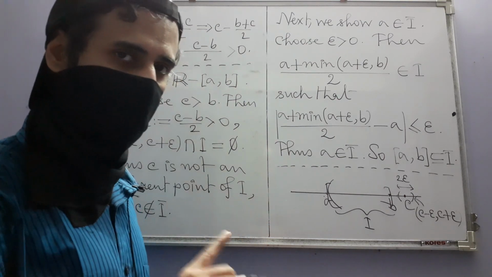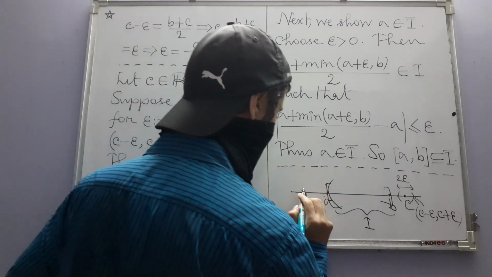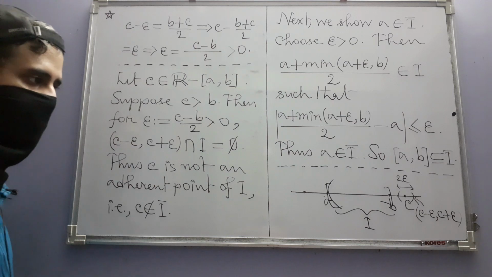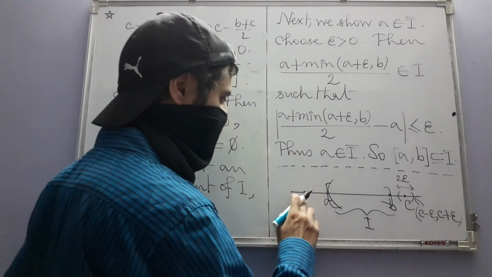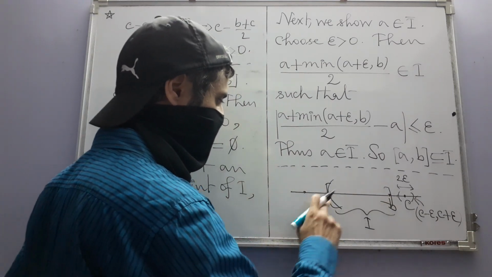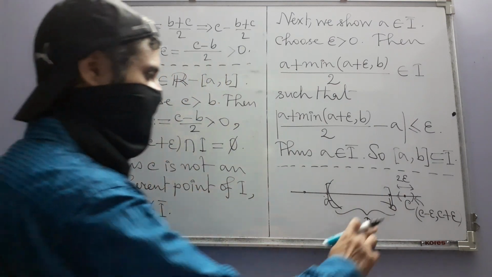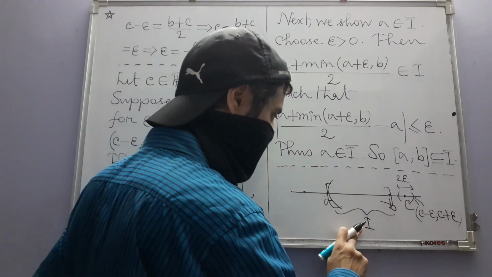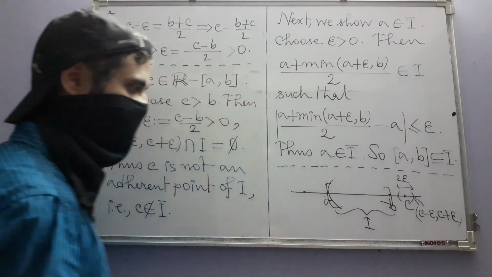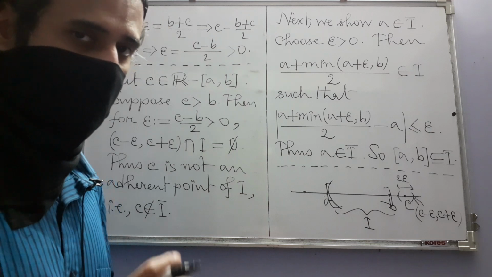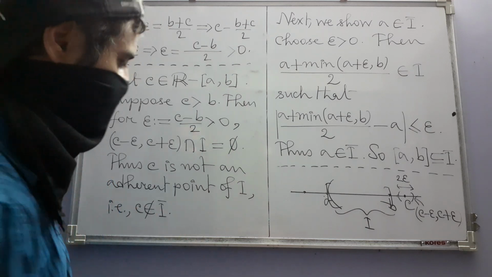And there is another half. If your C lies here, then also you have to do something similar. Here the role of B will be played by A, but be careful. B belongs to your original I, but A does not belong to your original I. So some slight difference may be there. So this part you have to do.